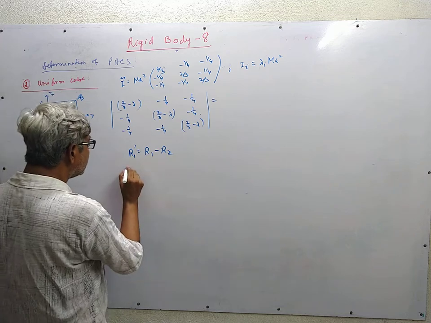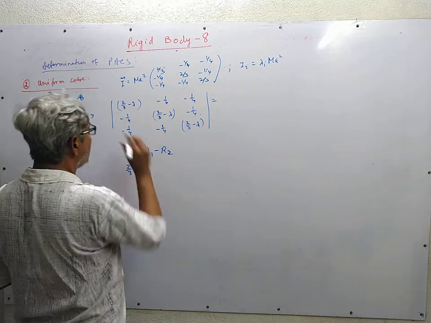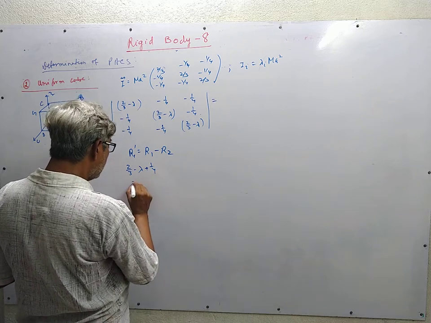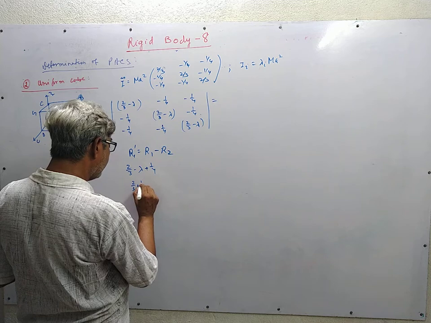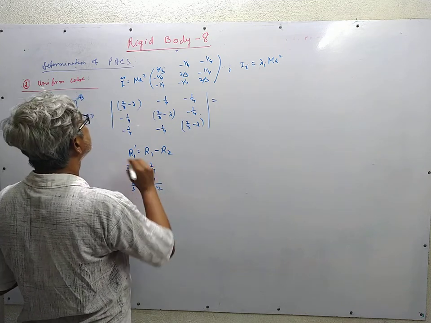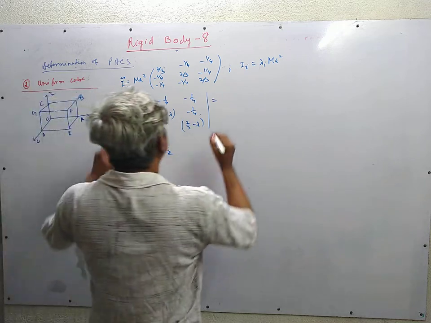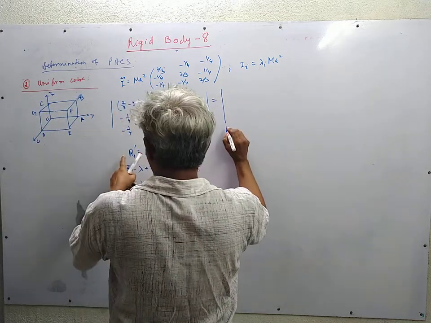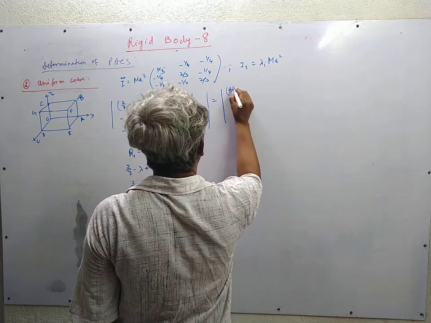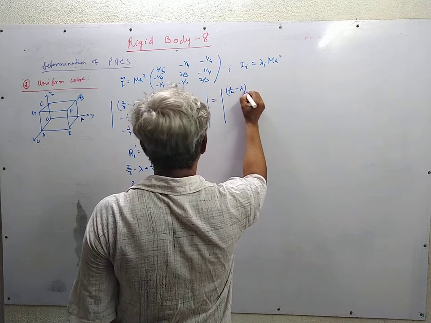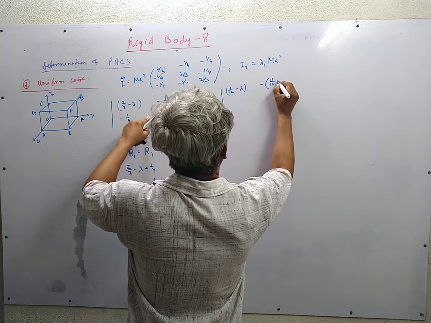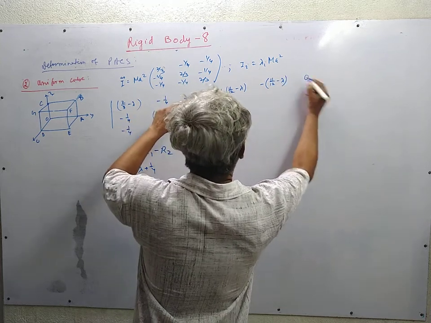So the first term is 2/3 minus lambda plus 1/4. 2/3 plus 1/4 is 11/12, so this is 11/12 minus lambda. This part is minus 11/12 minus lambda. This is 0.